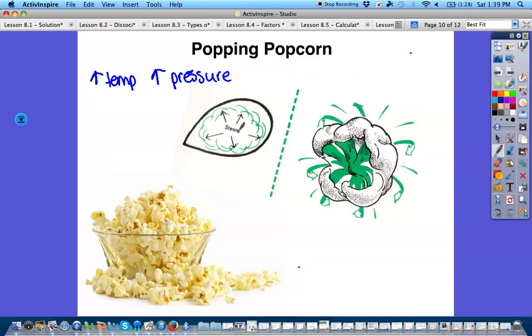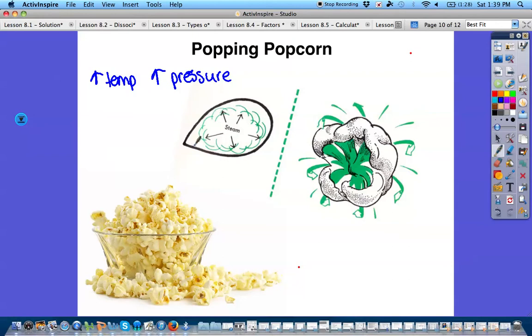Inside the kernel of corn, there's a little bit of water. As the temperature increases, the water goes from a liquid state to a gas state in the form of steam. But the shell of the kernel is not really that strong.